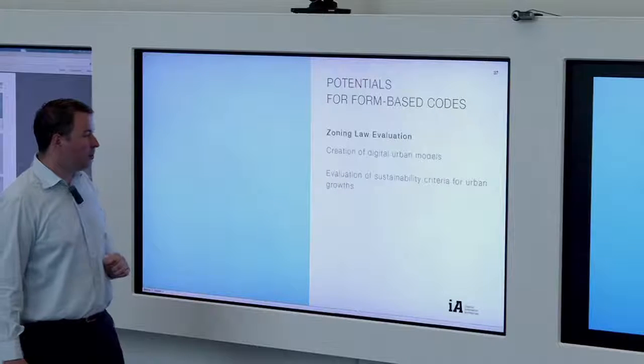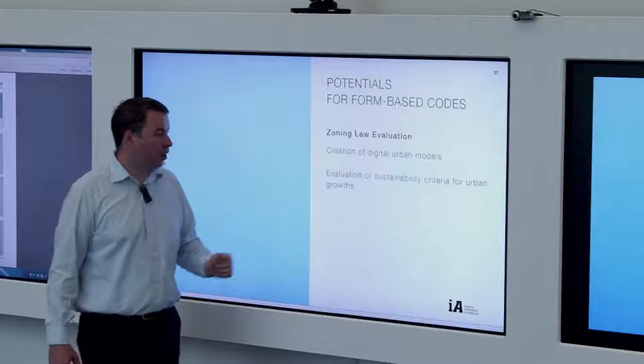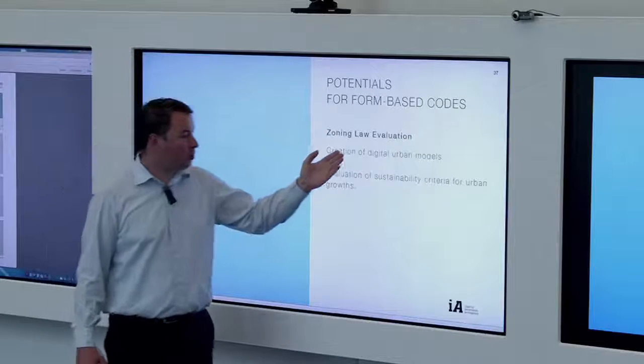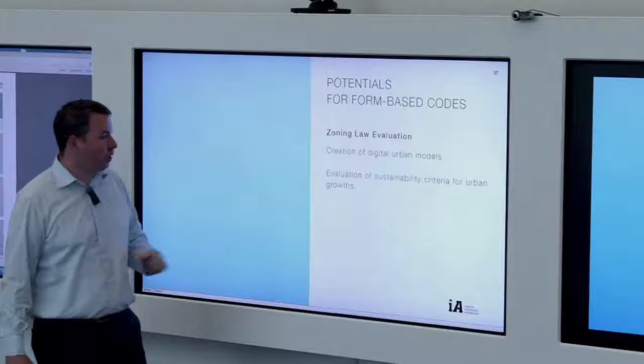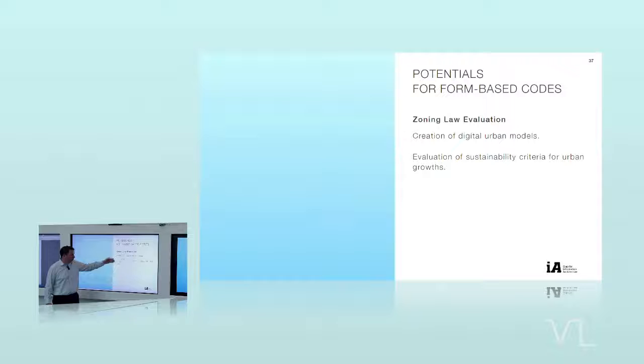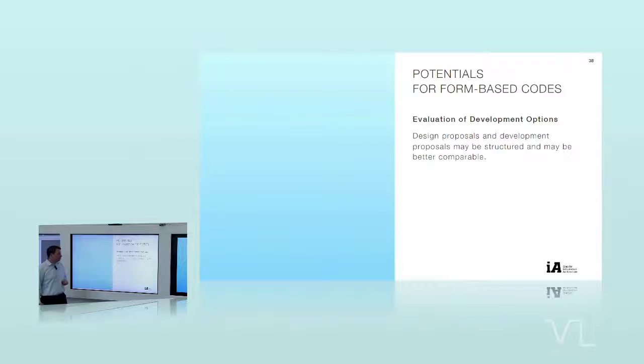The next thing is that you can have digital urban models for zoning law evaluation, and following from there, you can create sustainability criteria for urban growth and evaluate it. These will be very prominent parts that we will do in this course.